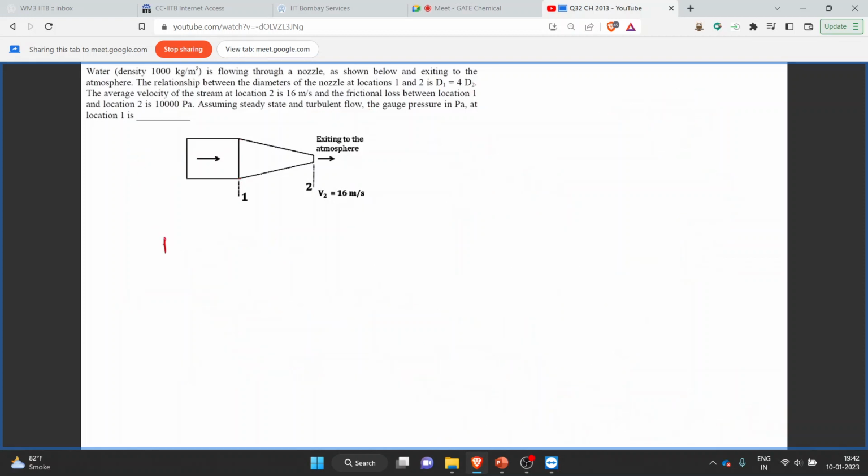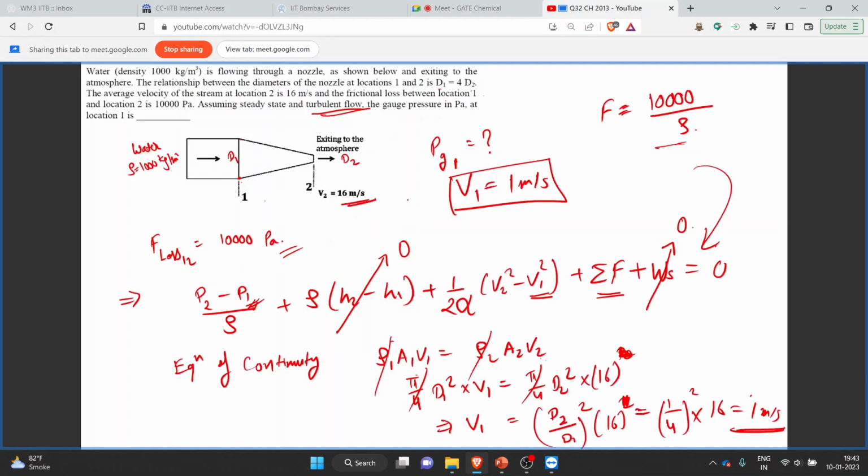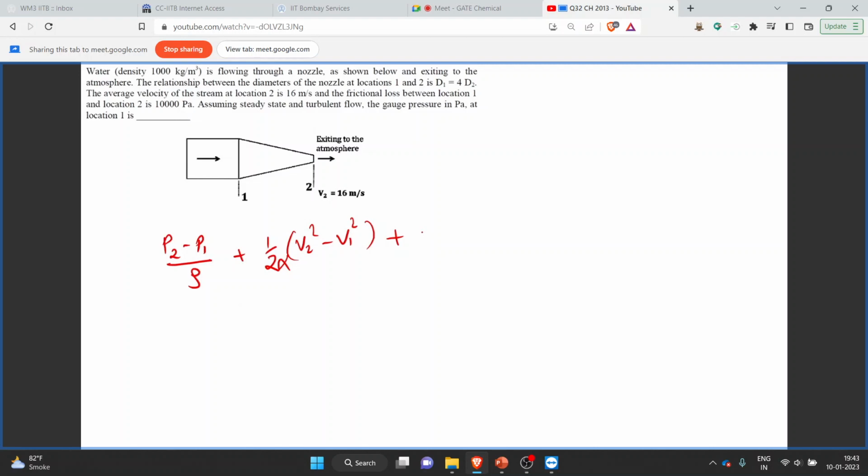That will become (P2 minus P1) upon rho plus 1 upon 2 alpha (V2 square minus V1 square) plus F, which we found as 10,000 upon rho, is equal to 0.